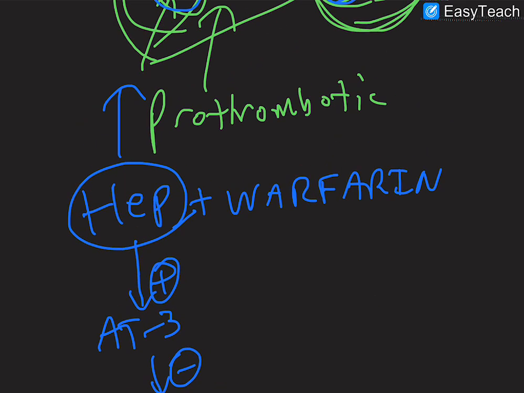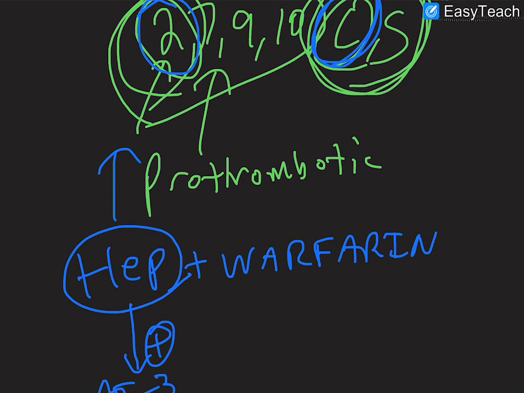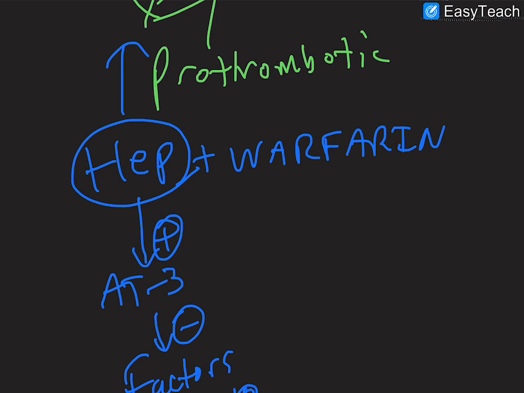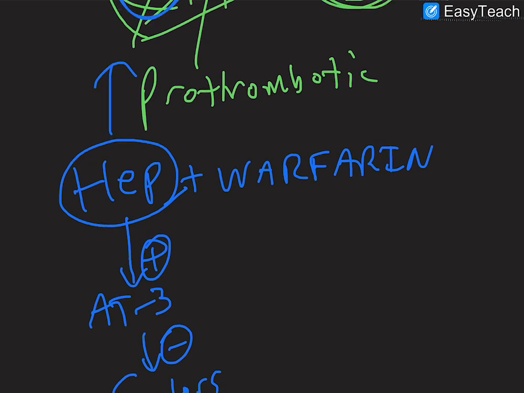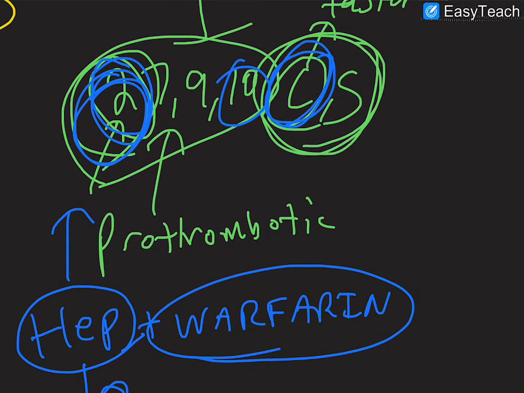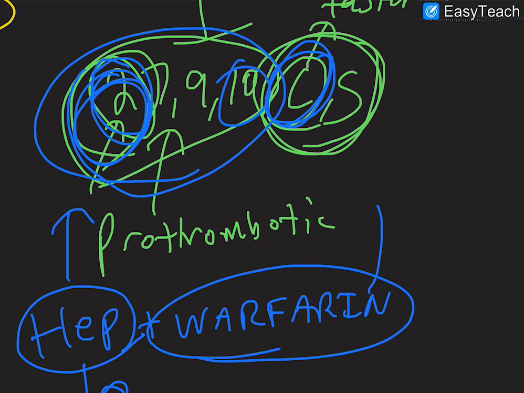So you're giving warfarin, you're prothrombotic, but if you give heparin, you're inhibiting your clotting factors like factors 2 and 10, and you give both of those until warfarin starts depleting your clotting factors also.